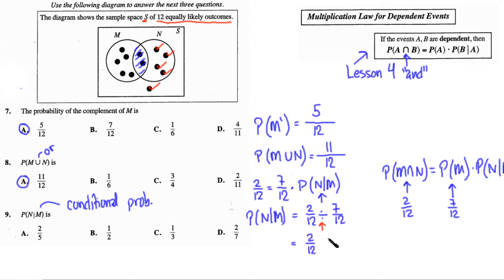The division sign is replaced by a multiplication sign, and the second fraction is reversed upside down, or we take the reciprocal of it, which gives us 12 over 7. Now we can simplify this. This 12 cancels this 12, which leaves us with 2 over 7. So the correct answer for 9 is D.